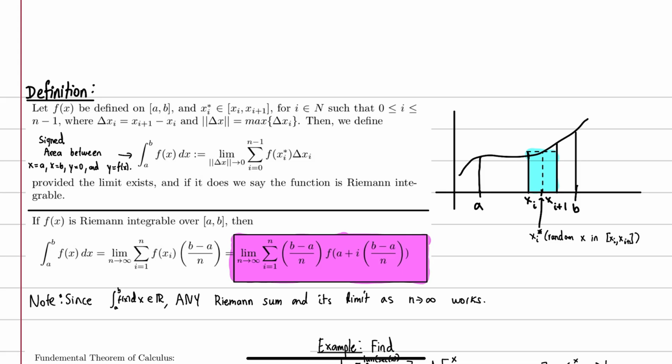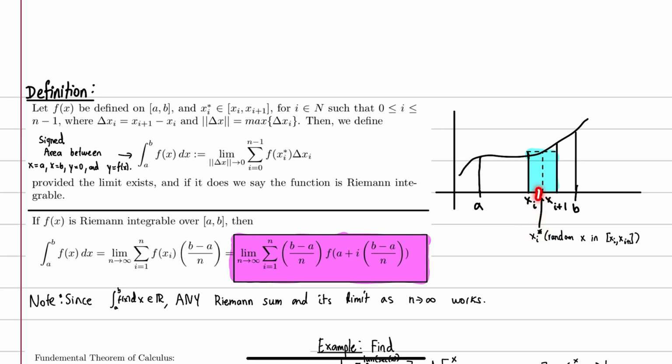Now, the signed area between x equals a, x equals b, y equals 0, which is the x-axis, and y equals f of x, is defined to be the integral from a to b, which is defined to be the limit as the maximum of the subinterval's width or length approaches 0 of this sum, this Riemann sum, where we take the output at any x coordinate in our subinterval, right?